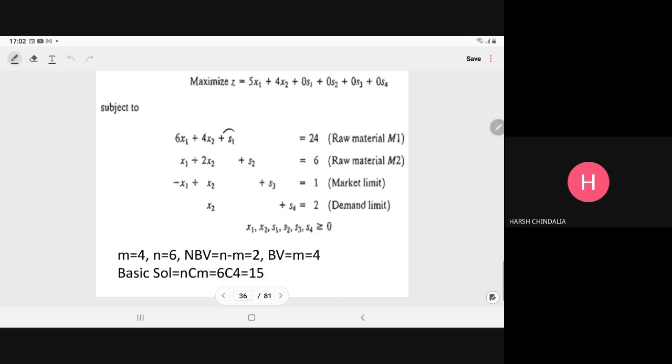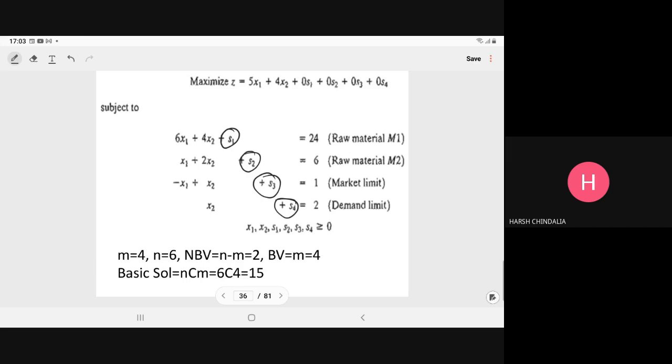In the first constraint, we have added a slack variable. In the second constraint, we have added a slack variable. In the third, we have added another slack variable. In the fourth, we are adding another, fourth slack variable.